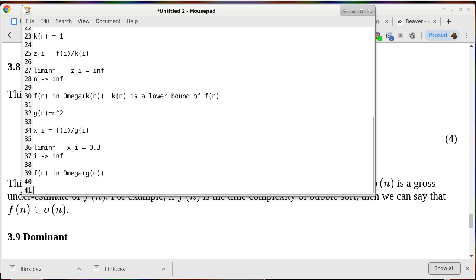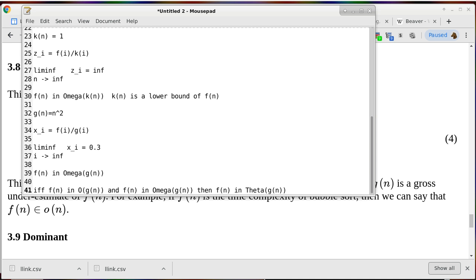So in this case, we'll say that if f of n is in big O of g of n, and f of n is also in big omega of g of n, then, well, I should say if and only if, we say f of n is in big theta of g of n.